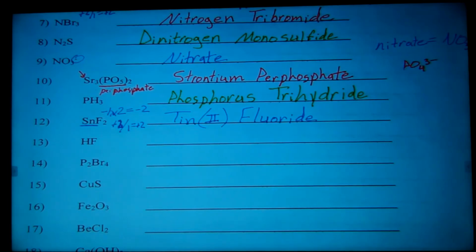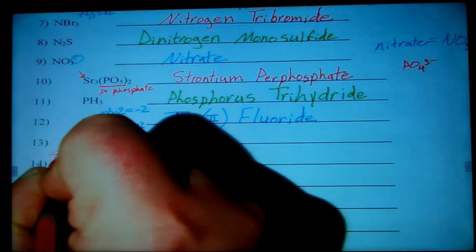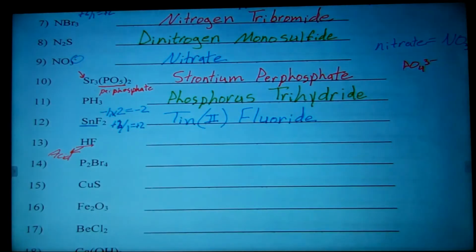Going to 13. Now 13 is not a trap. On 13, you have hydrogen and fluorine together. But in this case, what comes first? Hydrogen comes first. Since we have that hydrogen first, the first thing we notice, hydrogen, means acid. So we are going to have to name it based off of acid rules.